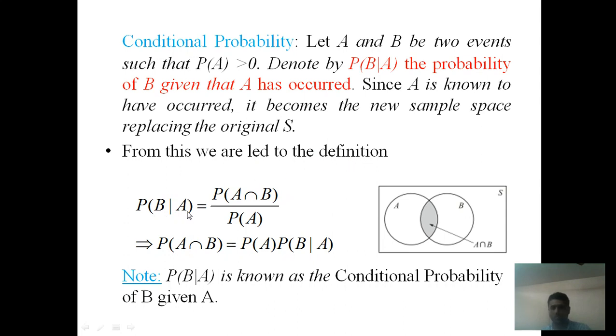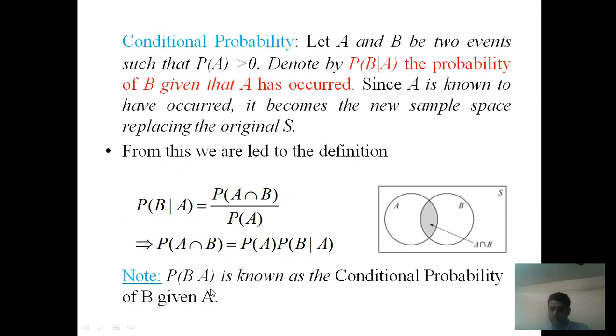The probability of B slash A is nothing but the probability of A intersection B divided by the probability of A. By simple rearranging, we can write the probability of A intersection B as the subject, so it is probability of A into probability of B slash A. Remember, the term probability of B slash A represents the probability of happening of event B when event A has already occurred.